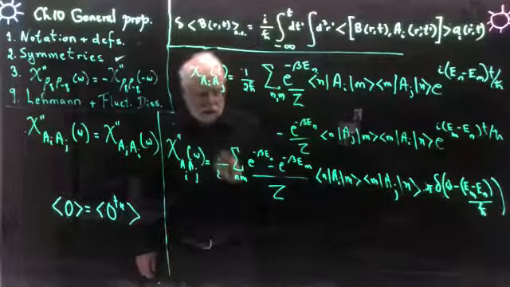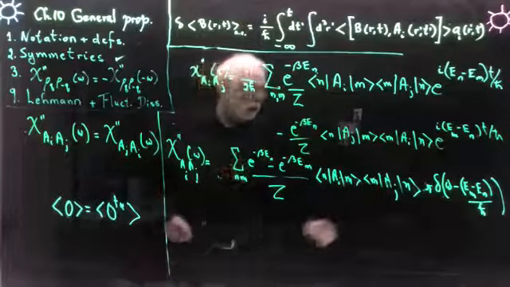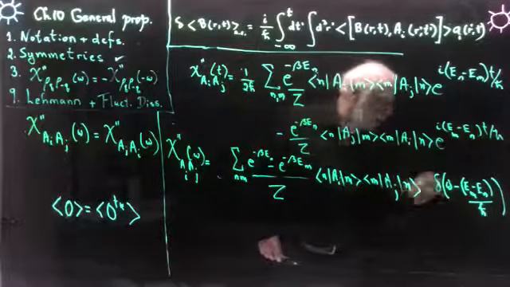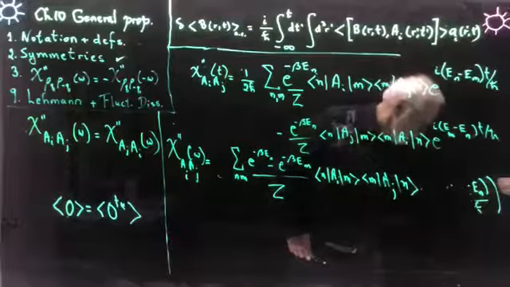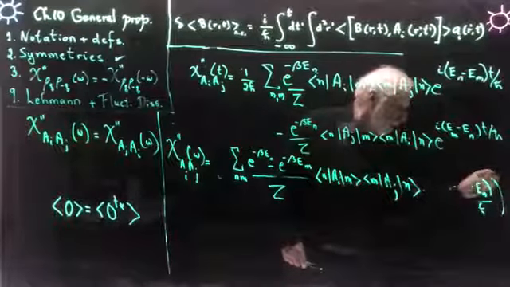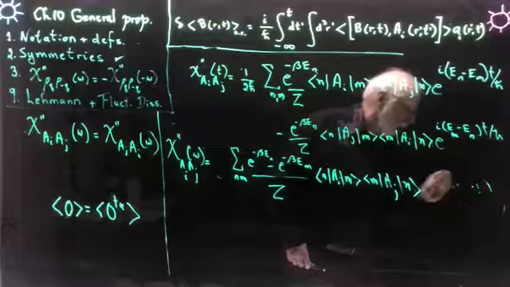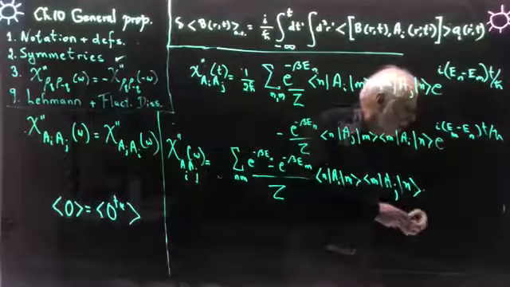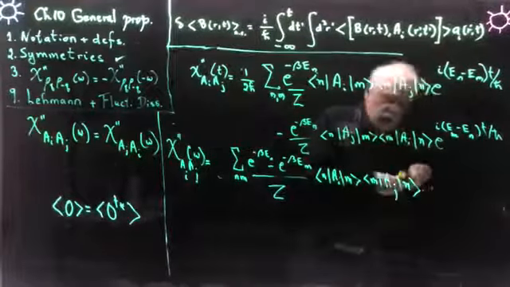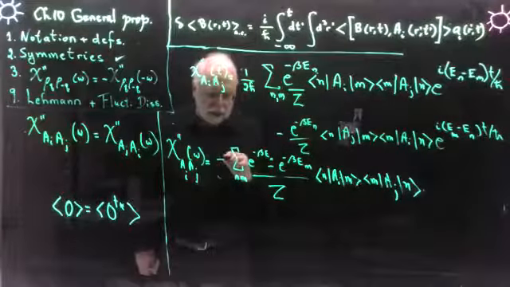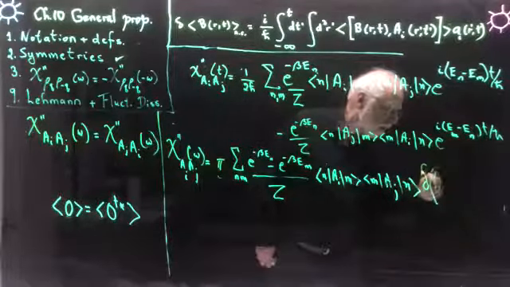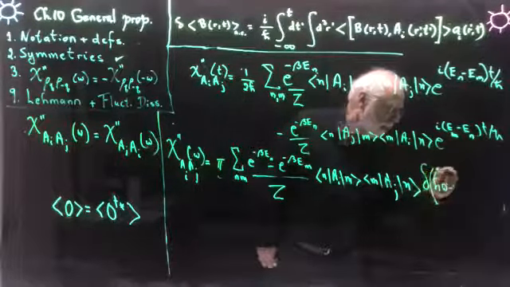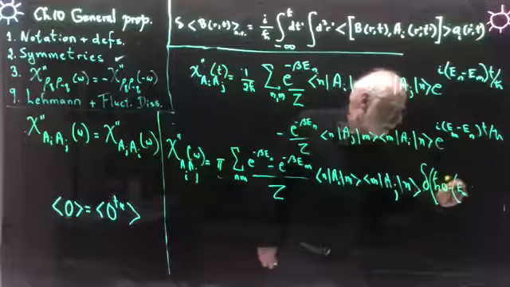So the 2 disappears, and this becomes, really, I'm a moving board today, this becomes pi times delta of h bar omega minus (E_m minus E_n).